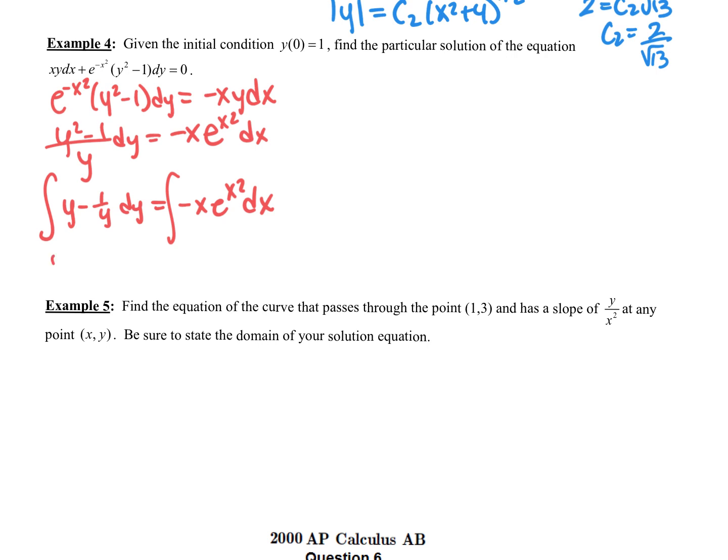So the antiderivative of y will be y squared over 2. 1 over y will be minus ln of y.